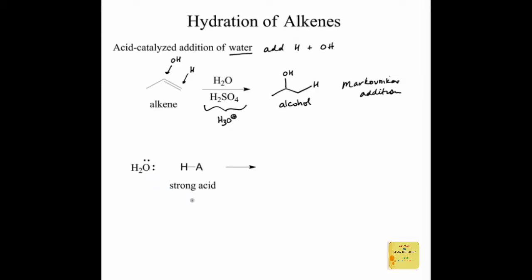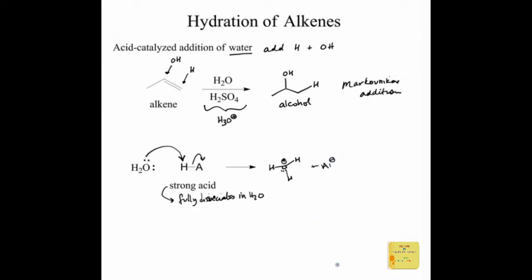And the reason we can assume we have H3O+ is, by definition, a strong acid is something which fully dissociates in water. In other words, it's going to protonate water and give A-.